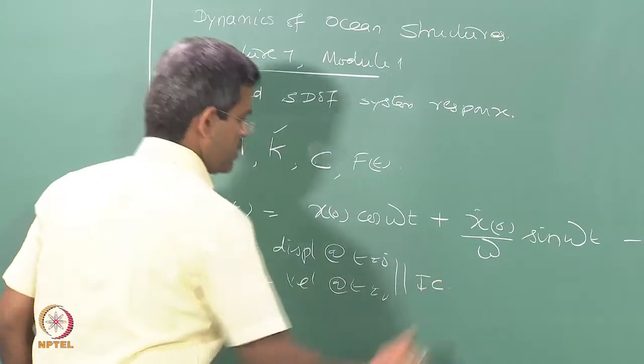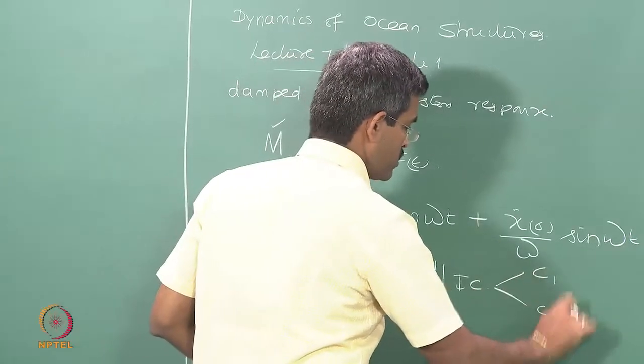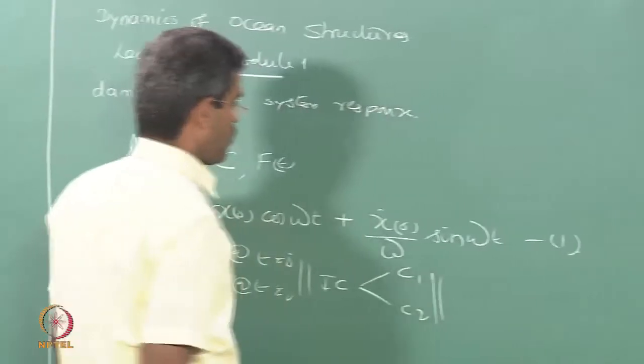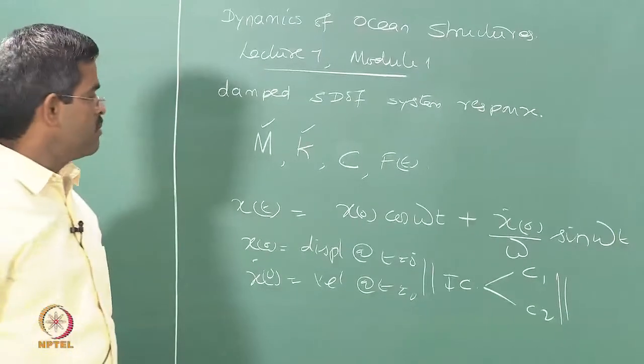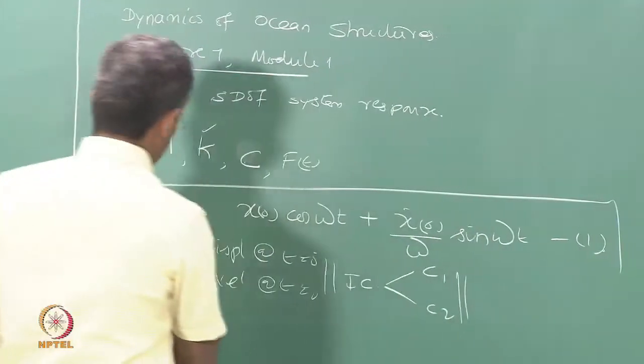These initial conditions enabled us to find the constants C1 and C2 in the solution of the ordinary differential equation, which we solved and got the response. This was the response which we got in the last lecture.